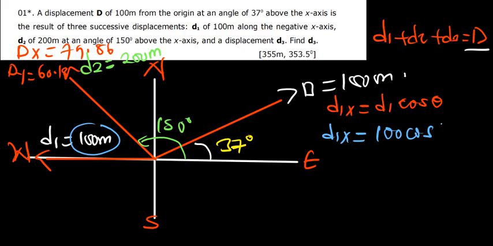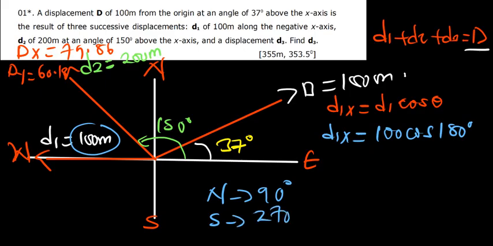180. So if a vector is going toward north, the angle is 90 degrees. If a vector is going toward the south, the angle is 270. If a vector is going toward west, the angle is 180. If a vector is going toward east, the angle is 0 degrees.